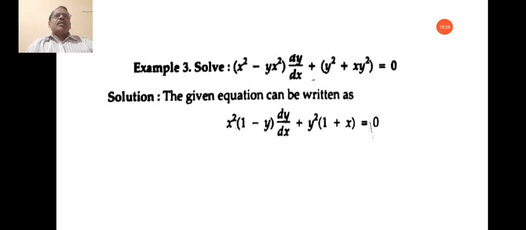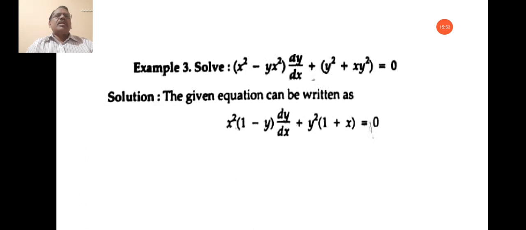Next, third problem. Solve the equation (x² − yx²) dy/dx + y² + xy² = 0. Observe that in the first term x² is a common factor, and in the second term y² is a common factor.